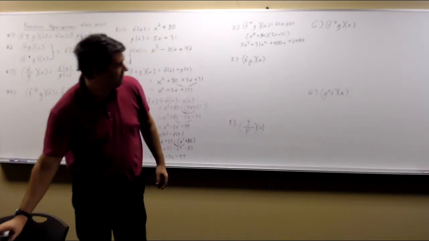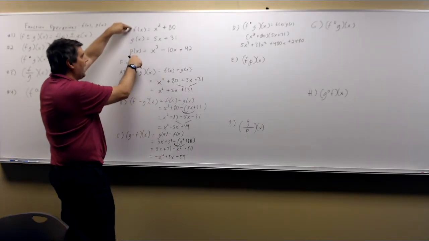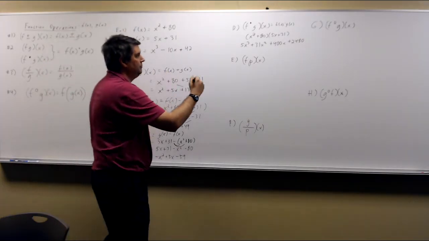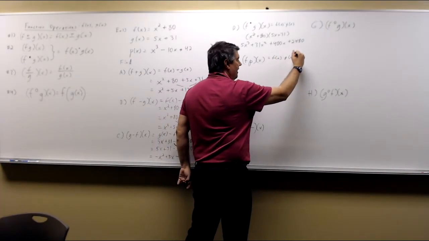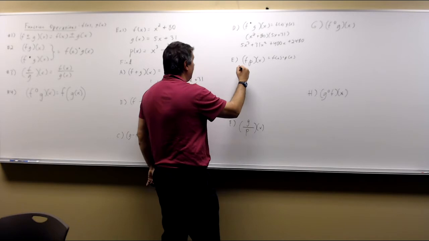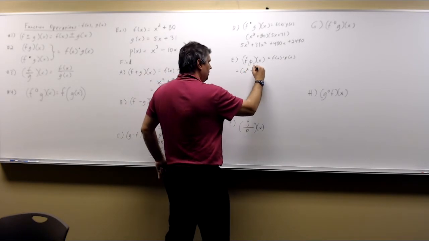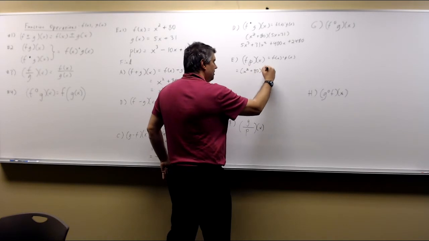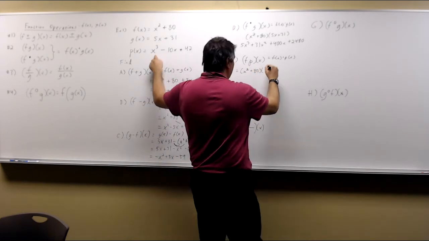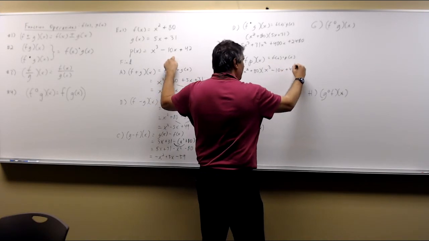F times p of x. So now I'm bringing in the p. We're going to have to multiply these two. That's f of x times p of x. So that's going to be x squared plus 80 times x cubed minus 10x plus 42.